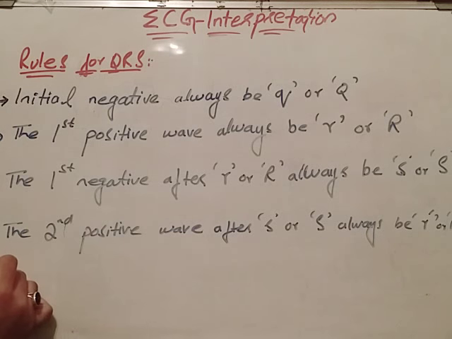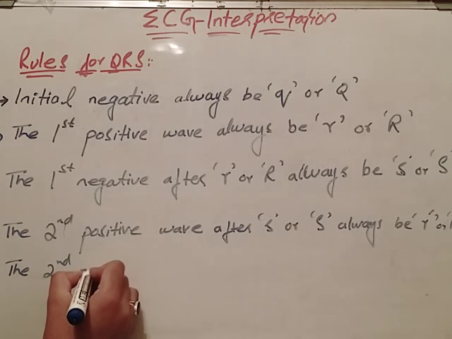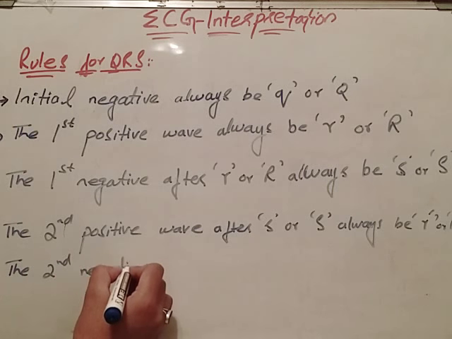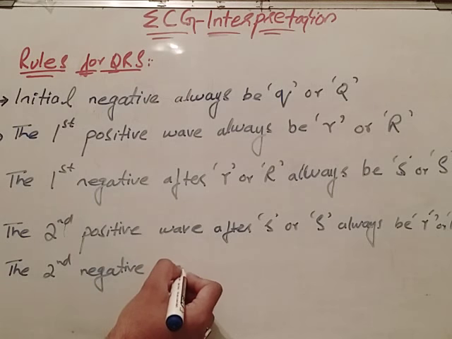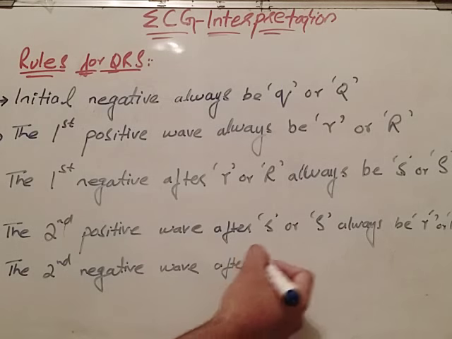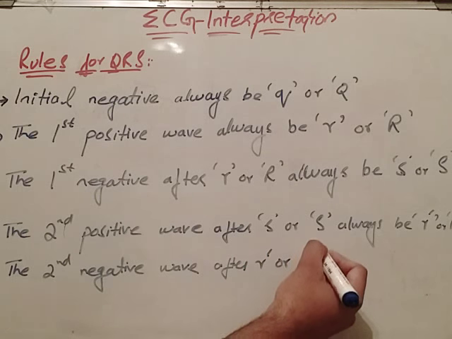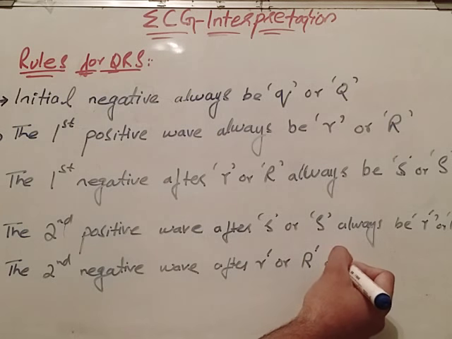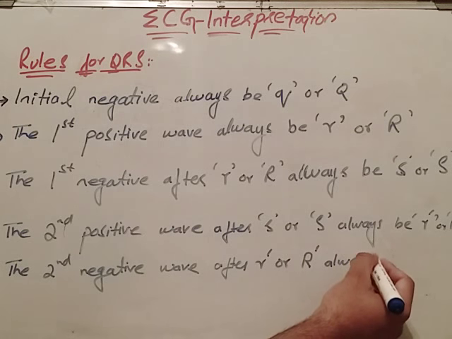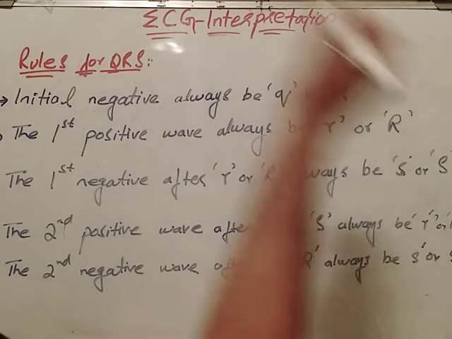Rule number 5, that the second negative wave after small r prime or capital R prime will always be small s prime or capital S prime.